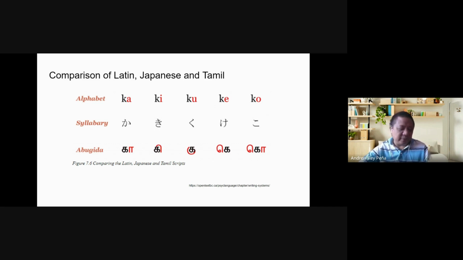They symbolize vowels. Again, in the abugida, you have an additional symbol for the vowel. So that's the alphabet, the syllabary, and the abugida.